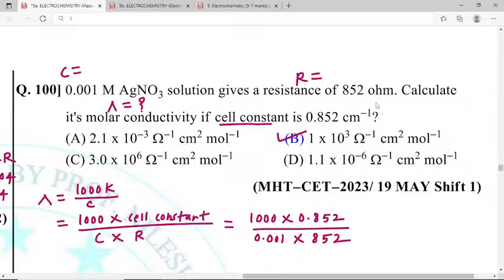Shift the point, we will get the answer 10 to the power 3. Directly the numbers cancel: 0.001 times 852 gives 0.852, that gets cancelled and only 1000 remains, 1000 means 10 to the power 3.